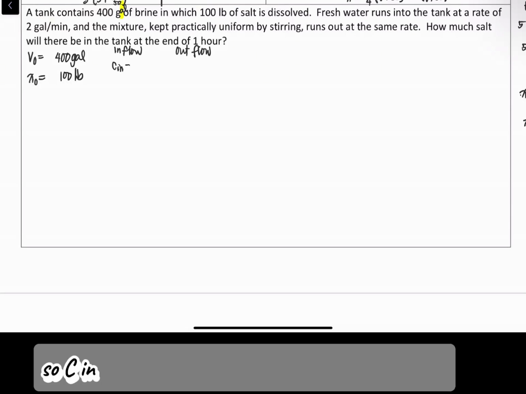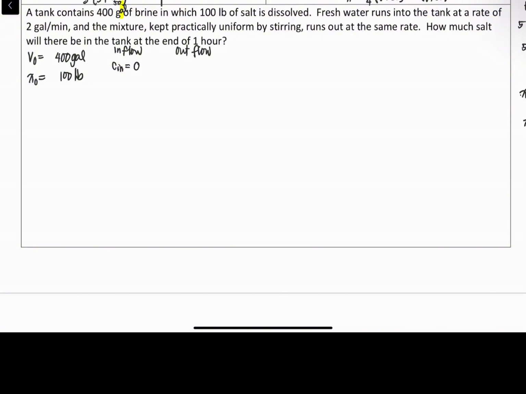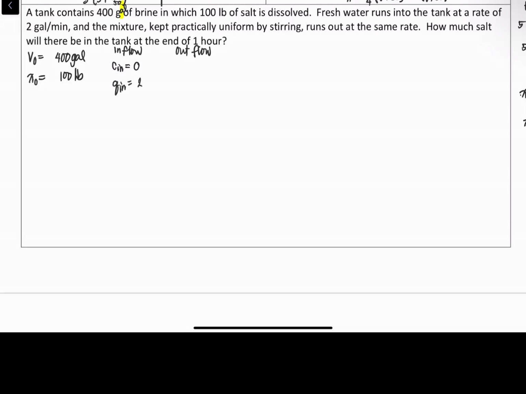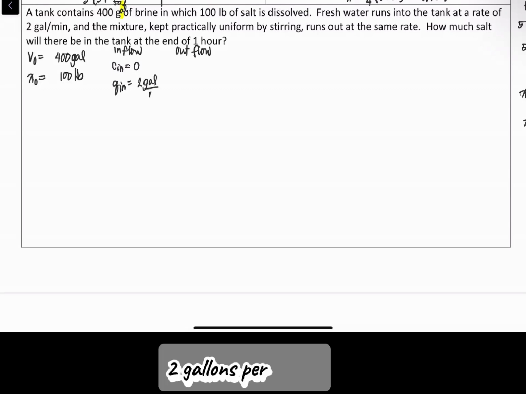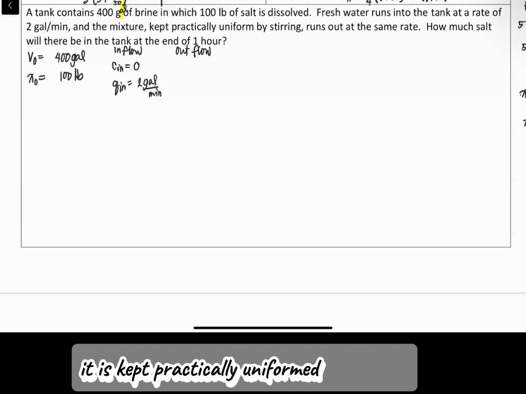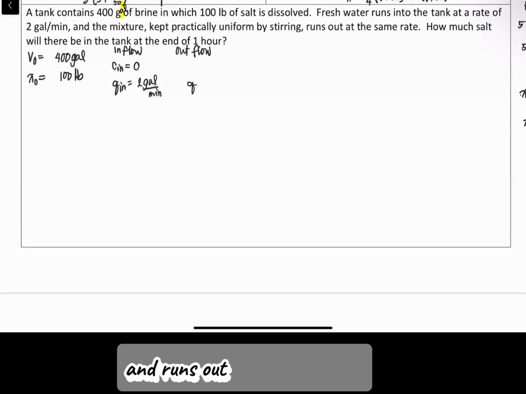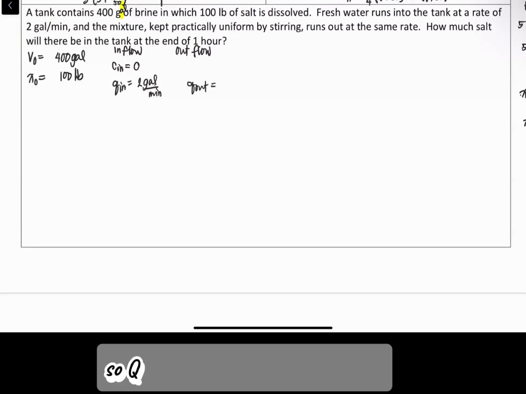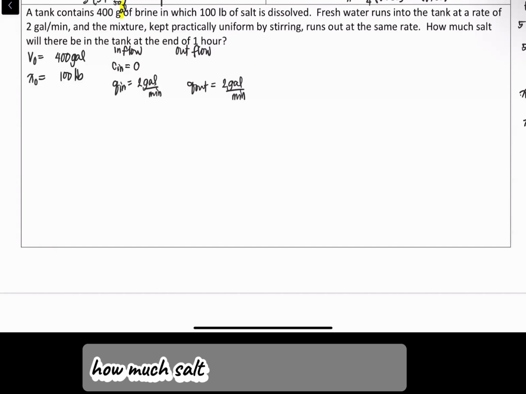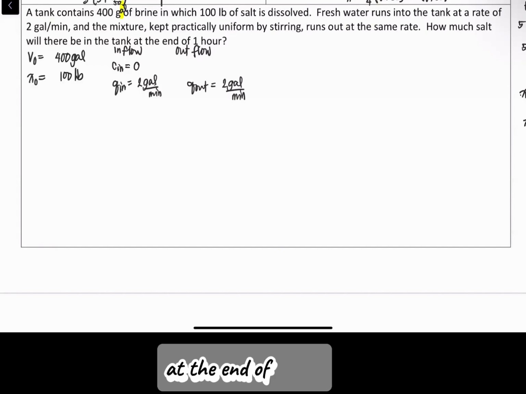So C in is 0 because there's no salt in fresh water, at a rate Q in of 2 gallons per minute. It is kept practically uniform by stirring and runs out at the same rate. So Q out is also 2 gallons per minute.